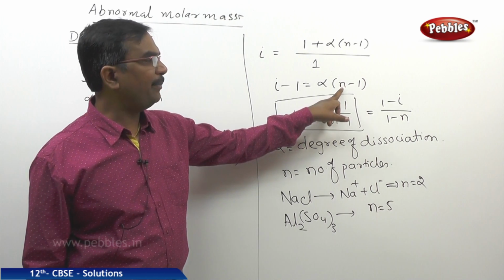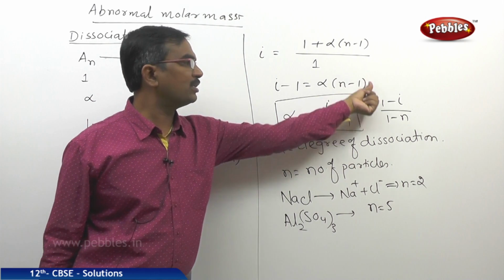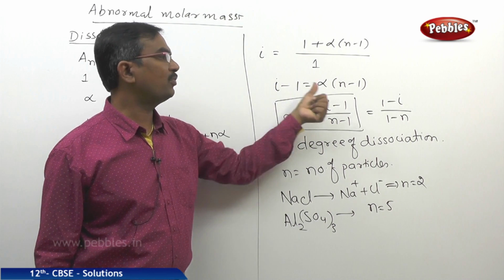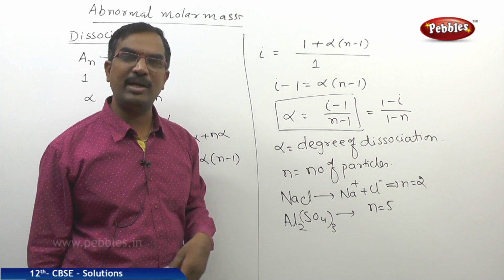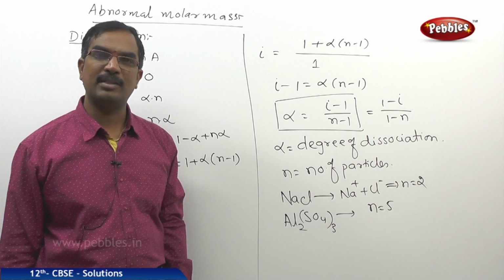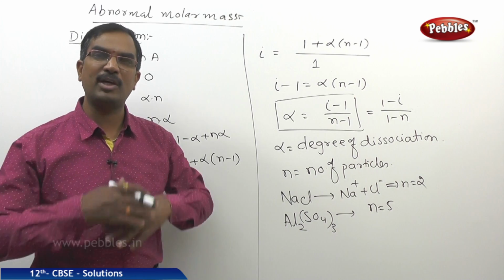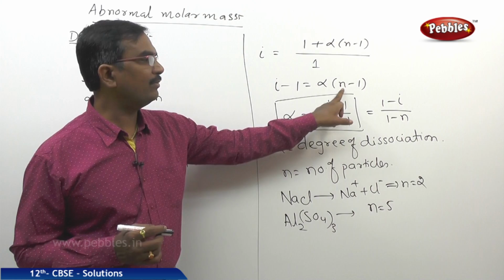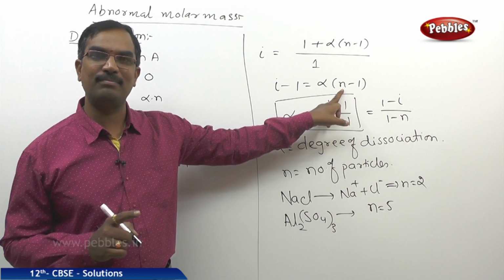Whenever we come across a non-electrolyte, the value of n becomes equal to 1. If n becomes equal to 1, n minus 1 becomes 0. That's why in such a case i becomes equal to 1. When the solute is a non-electrolyte, it won't undergo any ionization, so the value of n is equal to 1.